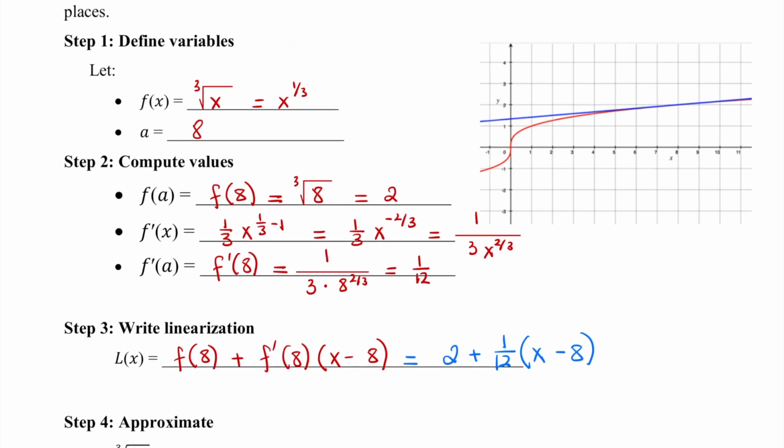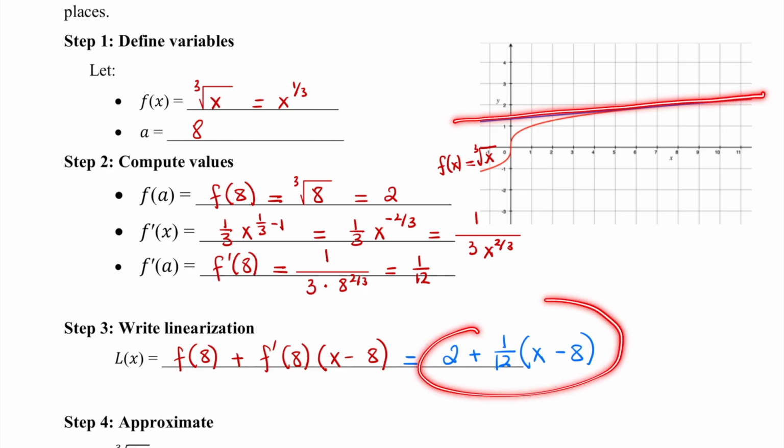Now, let's look at the graph on the right. The red curve is the graph of the original function, which is cube root of x. The blue line is the linear approximation, which is L of x.